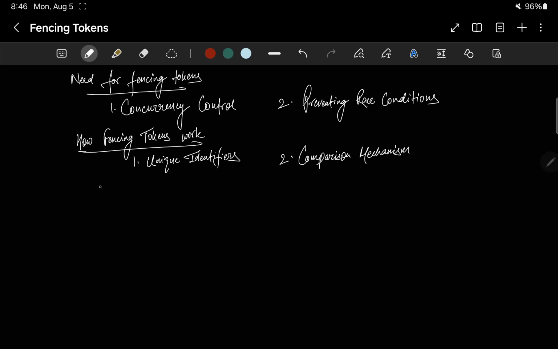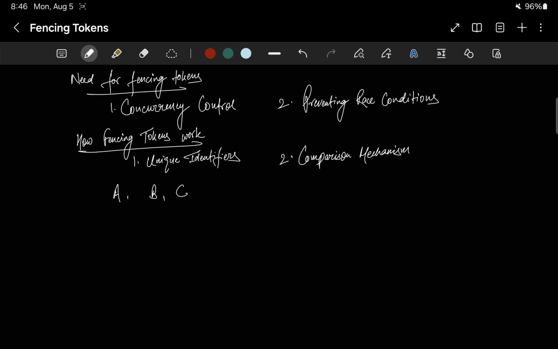So let's say there are three nodes. Actually, why am I writing node? Just write A, B, and C. So we have three nodes. And what fencing tokens do is assign a unique identifier to each operation.